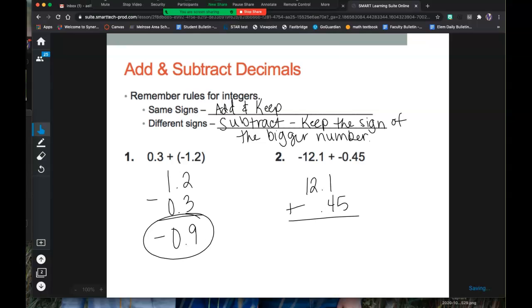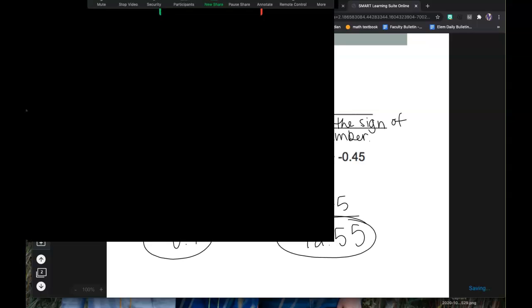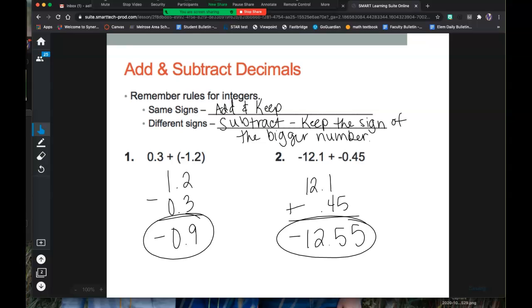You can do it by hand, but you don't have to. 12.1 plus 0.45, and you get 12.55. Since they were the same and they're both negative, I have to put a negative sign on my answer. So I have negative 12.55 as my answer. Okay, any questions on that one?